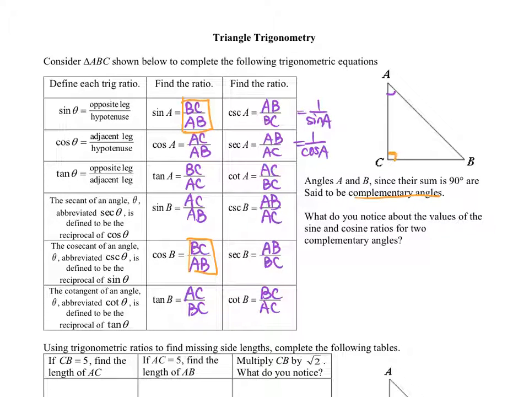And also cosine of A and sine of B are the same. So when you have complementary angles, 2 angles that add up to 90 degrees, their cosine and sine are reversed when you take their trigonometry ratios. So it's a quick way to verify that your calculation is correct.